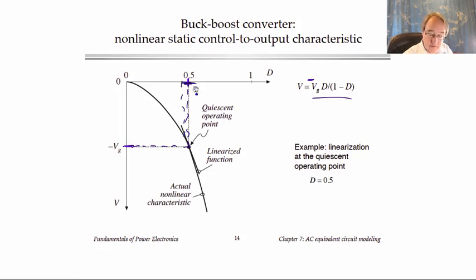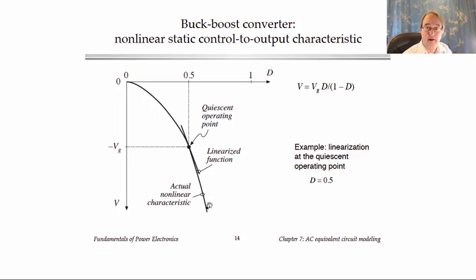And from this slope, we could calculate the resulting small AC variation V hat in the output voltage that would result. And so to linearize this about the quiescent operating point, we would find the slope of this curve, and from that slope we would know the small signal gain from a duty cycle variation to an output voltage variation. Now it turns out that the buck-boost converter is actually more complicated than that.